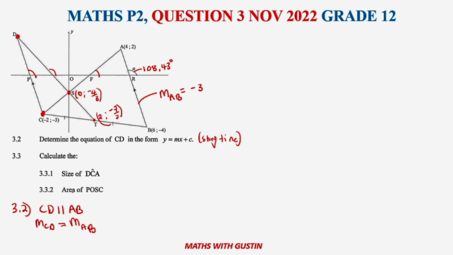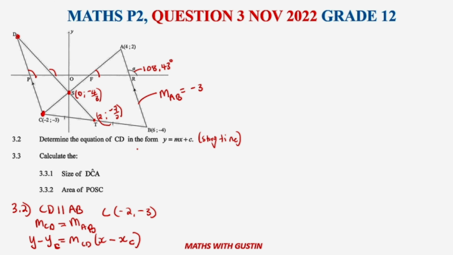All right, so therefore we know there's a point here that is given to us, which is point C. So having the gradient and one point, we are going to be able to calculate our equation using this formula here, which is there in your formula sheet, guys: y minus y at C equals m times (x minus x at C). What are the coordinates of C? The coordinates of C are (-2; -3).